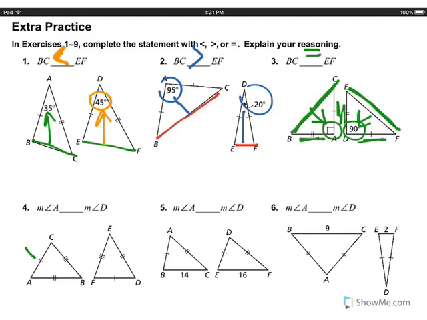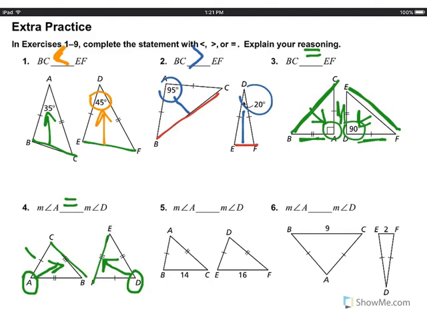So if we want to compare angle A and angle D, we need to see what tip marks they're across from. Well, angle A is across from the one that has 3 tip marks, and angle D is also across from the one that has 3 tip marks.